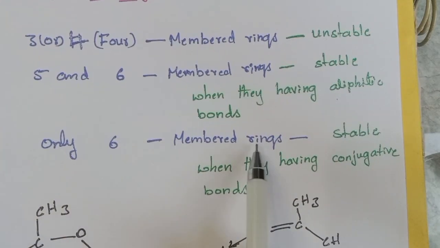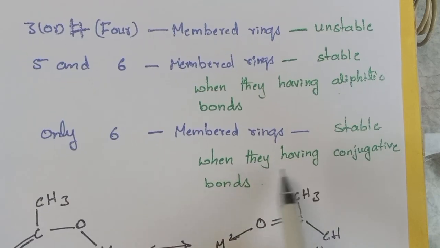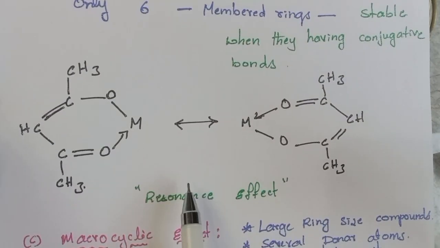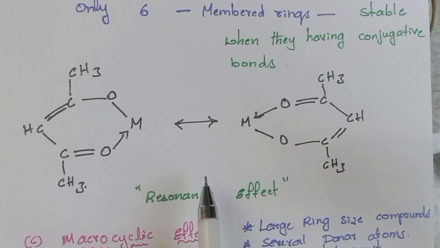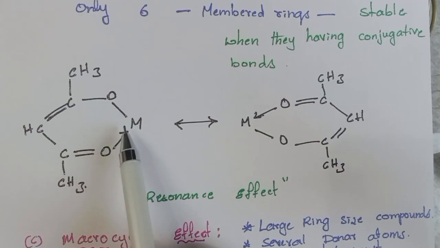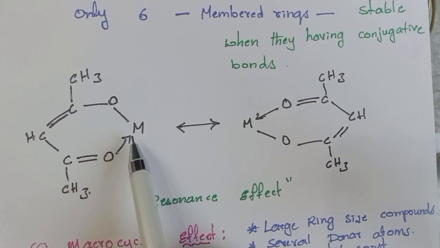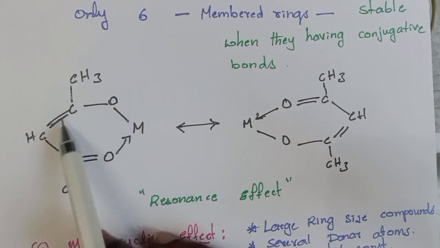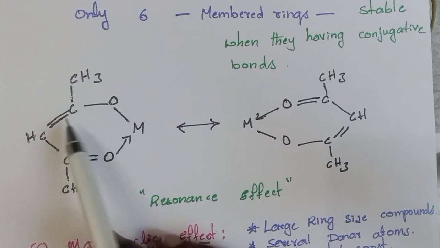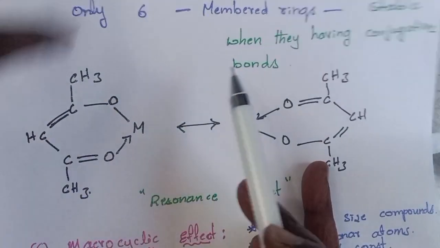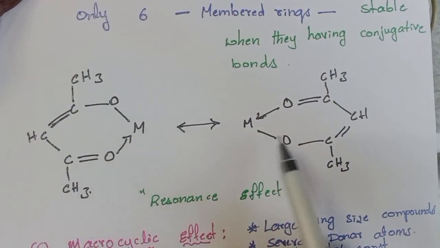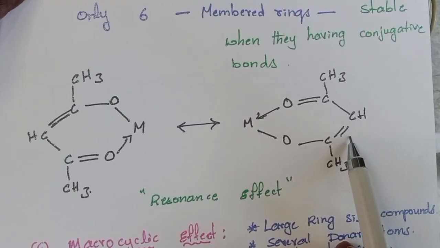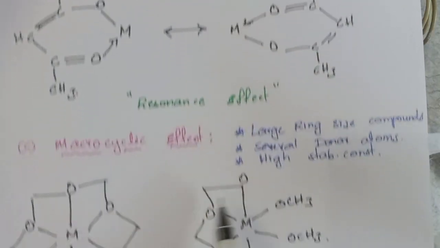The 6 member rings are stable when they have conjugated bonds. For example, here acetylacetone is forming the complex with a metal ion like this. Okay, due to pi bond delocalization here, due to the resonance effect, it can form more stable complexes.